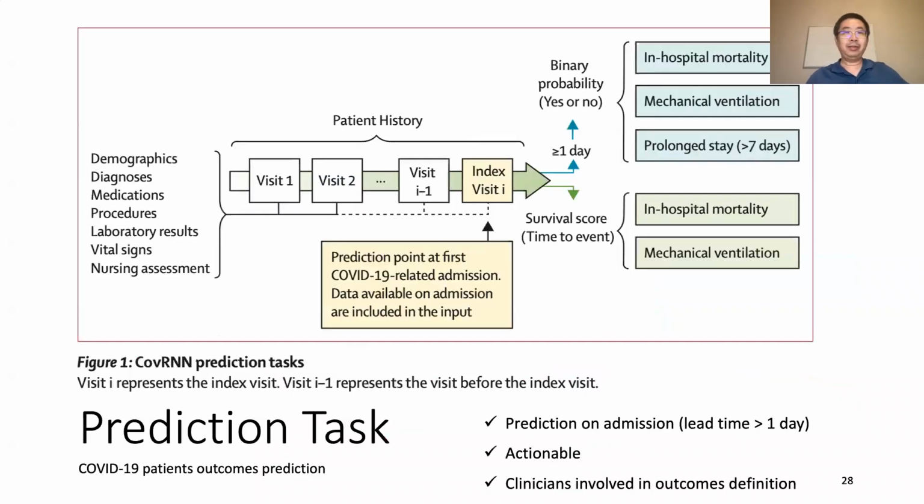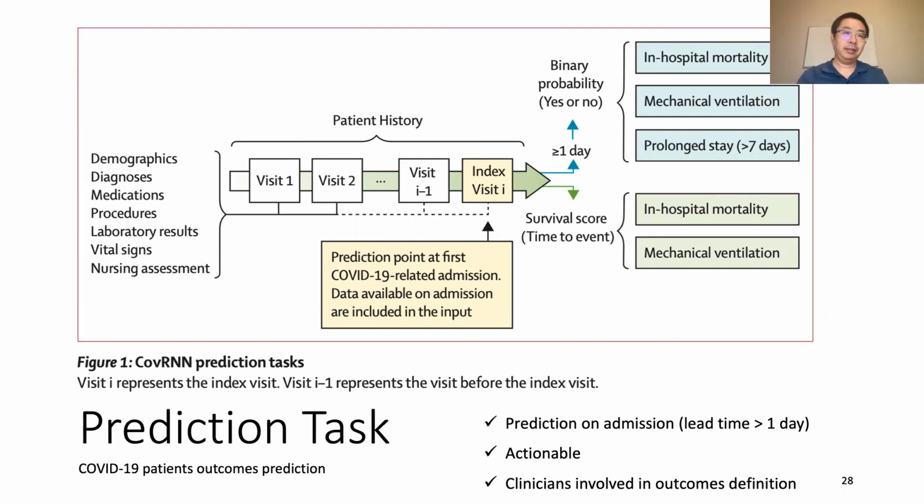So what we did was basically a recurrent neural network, and we have developed a GitHub repo called PyTorch EHR in our group, and also we share it with the world. It makes building such models much easier.